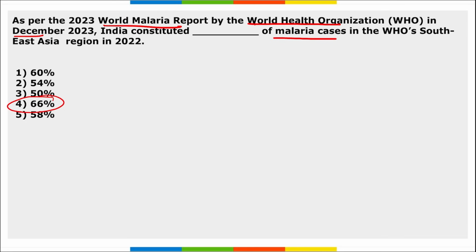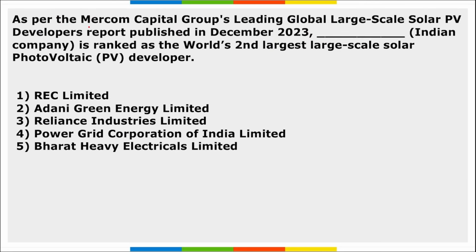Asian region. Next, as per the Mercom Capital Group's leading global large scale solar photovoltaic developers report published in December, dash is ranked as the world's second largest large scale solar photovoltaic developer. It is Adani Green Energy Limited, right? Adani Green Energy Limited.